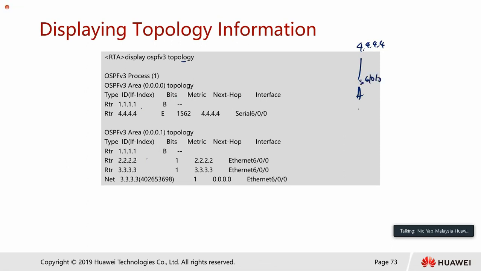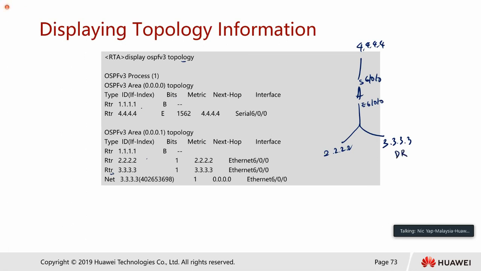And from here, I have Ethernet 6/0/0, connecting to 2222 and 3333, something like this. Okay, this is what you can get, and this is the DR. That's how you define it.